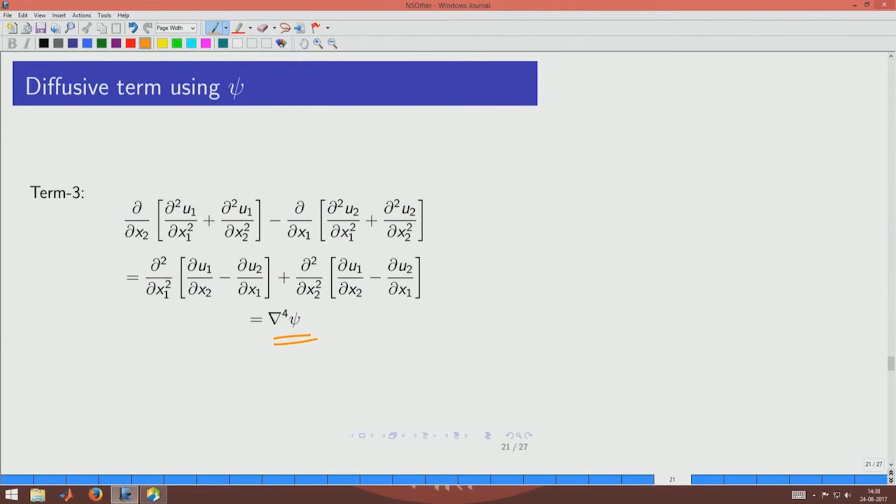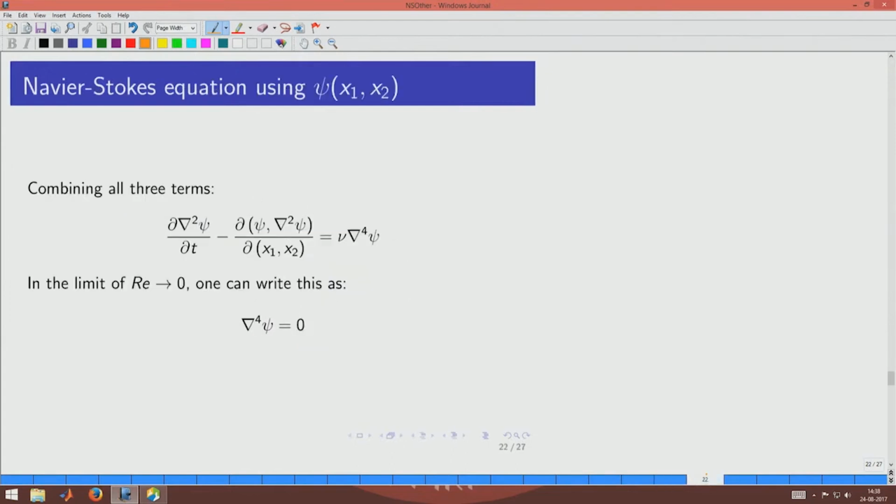Okay. So, when you put all these three terms together, you see how the Navier Stokes equation has been transformed, and you could see that it has been transformed with respect to the Laplacian of psi, saying that the local change of the Laplacian of psi at any location with respect to time minus the Jacobian term is equal to nu, that is kinematic viscosity, times Laplacian twice psi, which is basically nabla fourth power psi.